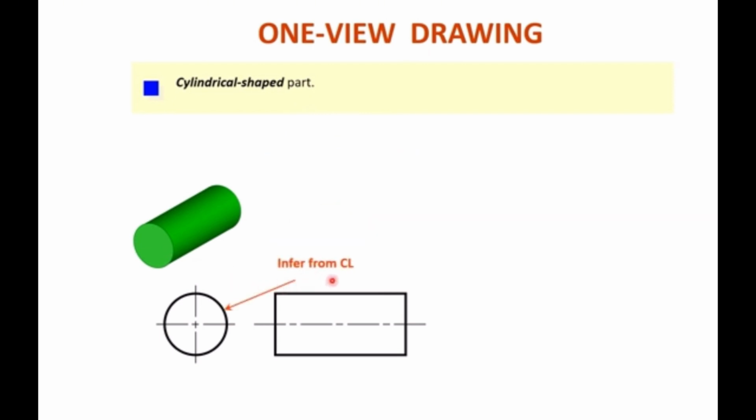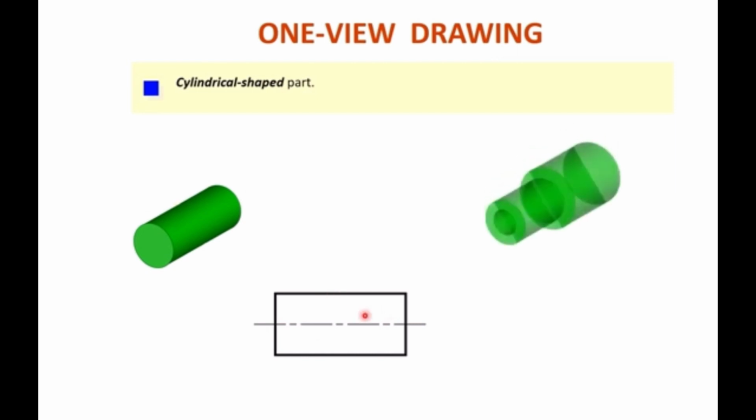When there is a center line mentioned, it is understandable that this is a circle. So here the center line is also mentioned, so this is unnecessary.